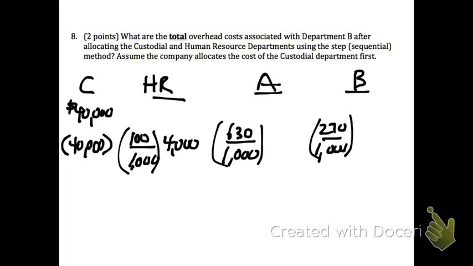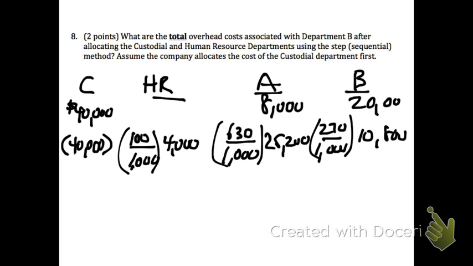Department A will get 25,200, and Department B will get 10,800. Remembering that I start with a cost of 8,000 and 20,000, I forgot to put those in. And human resource starts with a cost of 6,000.